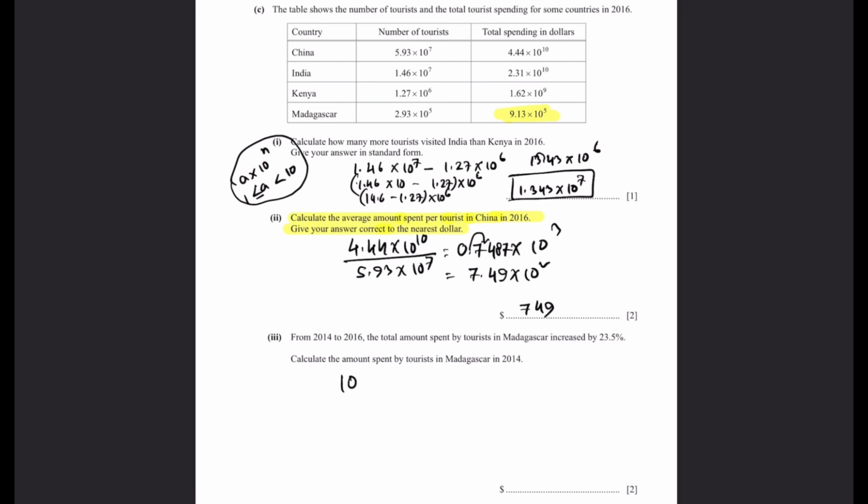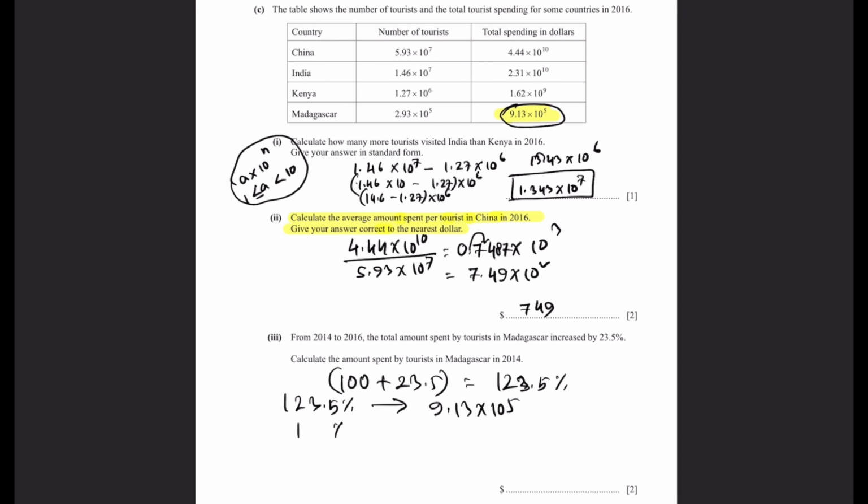100 plus 23.5, that is 123.5%. So 123.5% indicates 9.13 times 10 to the power 5.